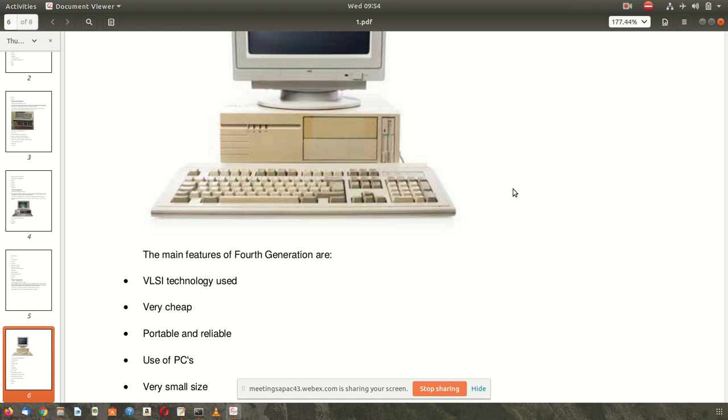As technology increases more and more, the cost is also reducing, so it is very cheap. These computers became very cheap. The cost of production of ICs was much reduced because you have to develop smaller components. When you develop a big component, much time is required.